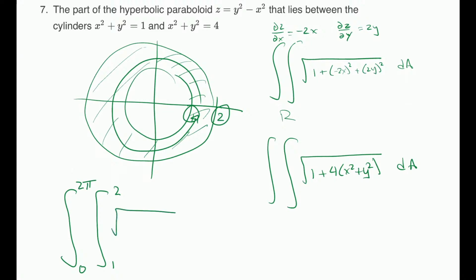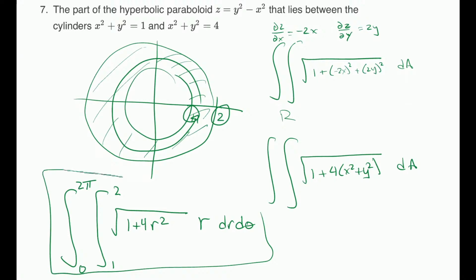And then you're going to put this function, and I'm going to do it the easy way. If you choose to do it the hard way, that's on you. But I'm just going to change x squared plus y squared to r squared, put in the extra r, and that should do it other than the actual calculation. This one is similar to the one that we did last time. And that is, you do a pretty straightforward substitution.